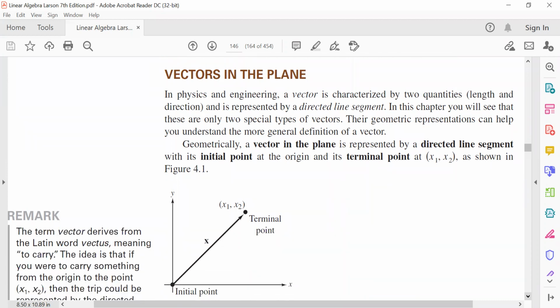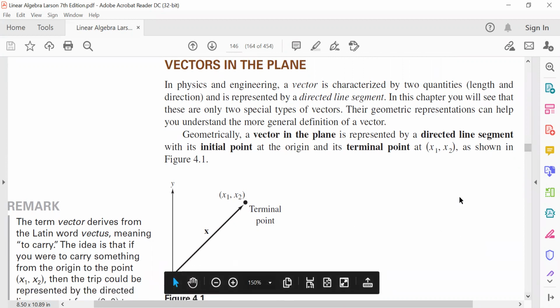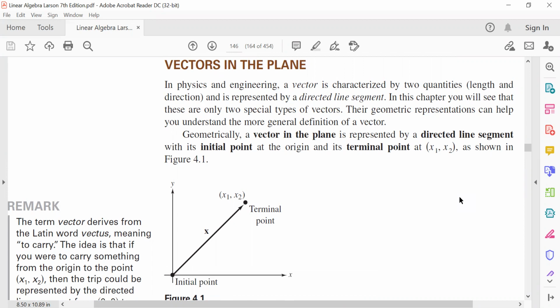Right now we're looking at it more the way a physicist or an engineer would look at a vector. So it's a directed line segment, and the initial point, we generally place at the origin, and the terminal point, we place somewhere in the plane, wherever it goes, and we draw an arrow from the origin to that terminal point.